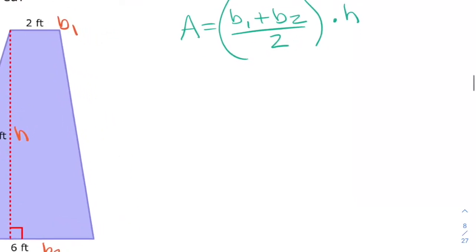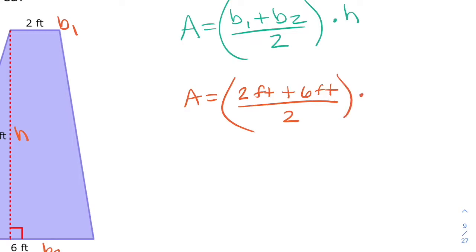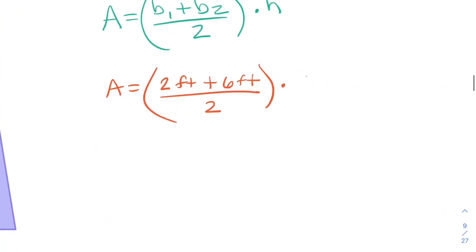So for this example, we're going to say area is equal to 2 feet plus 6 feet all over 2 times 9 feet.